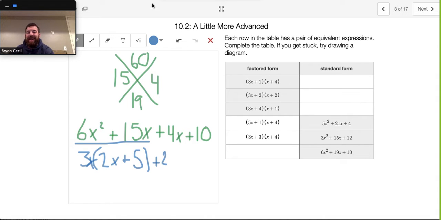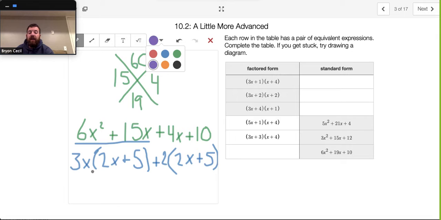So we at least need to make it look a little presentable. There we go. And this is going to be a 2, and it's going to be 2x plus 5. Notice what's in parentheses is the same, as it should be. Okay, and so we're going to take the numbers that are outside and form one of the parentheses.